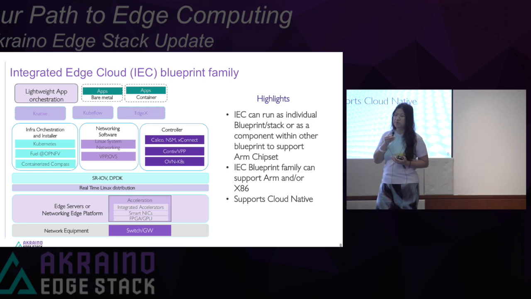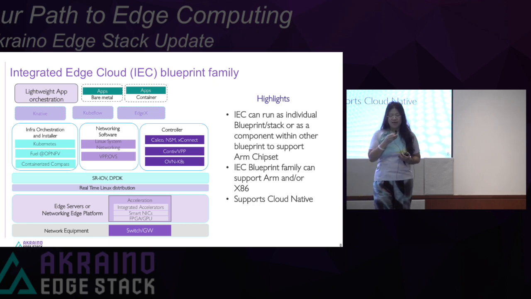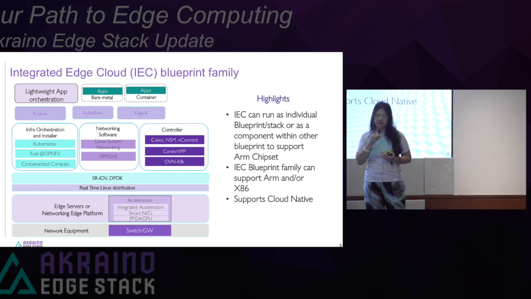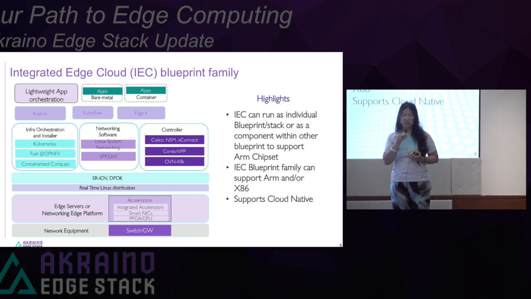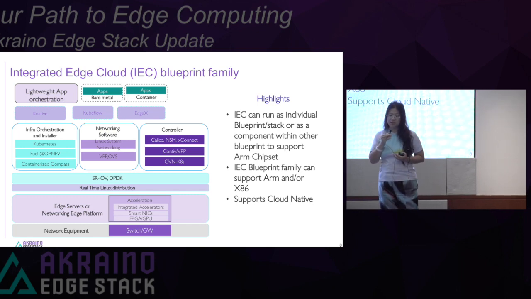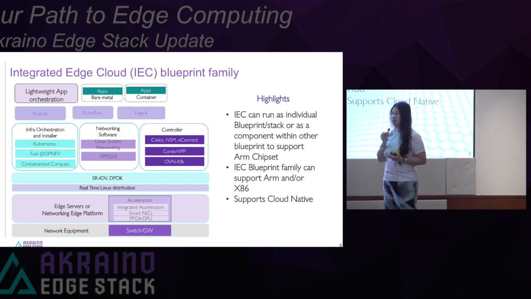Also, Contiv-VPP provides another kind of controller here, as well as OVN Kubernetes. Above that, you can run different flavors like Knative, Kubeflow, and EdgeX. EdgeX is for the IoT things. All the applications can run either on bare metal or in containers. Here, the lightweight app orchestration means some subset components from ONAP.